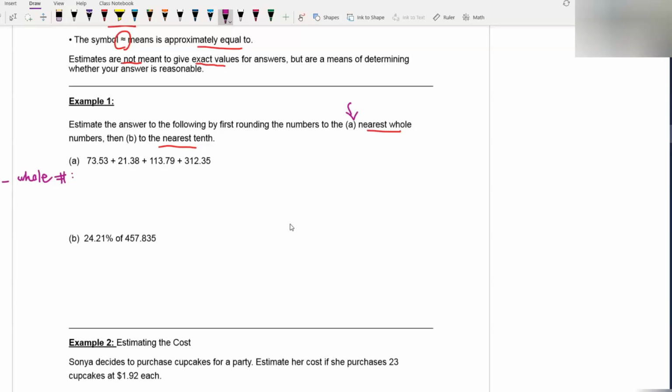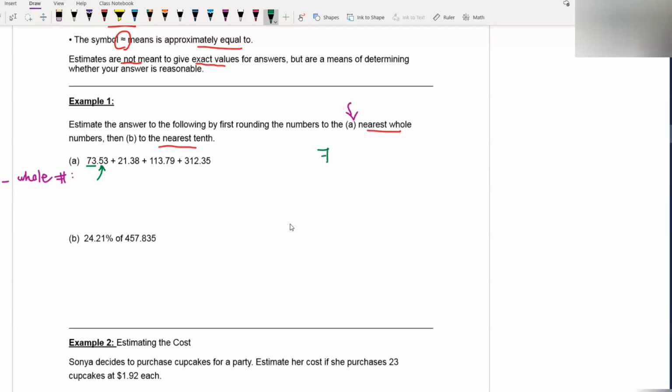Rounding to a whole number, each one of these is 73.53. Whole number means we shouldn't have decimal numbers. I shouldn't have 0.53. Here is 73. Looking to the right, the number here is 5. Since this one is greater than or equal to 5, I have to add 1 here.